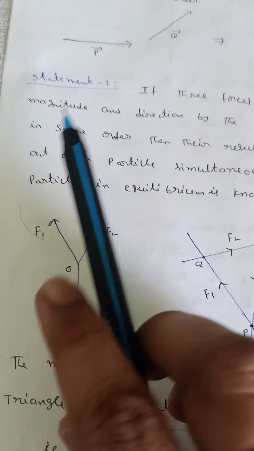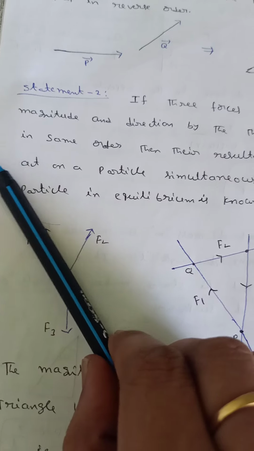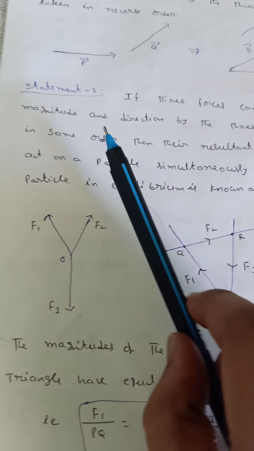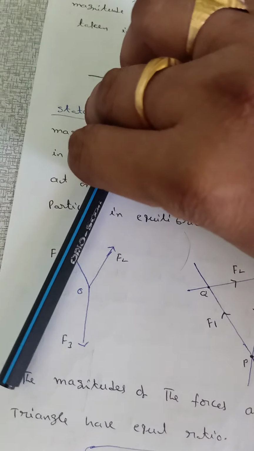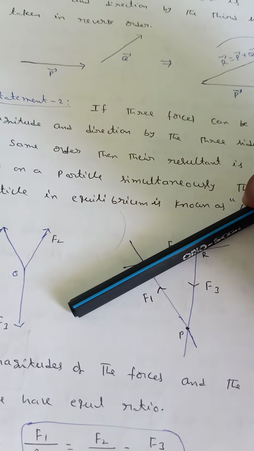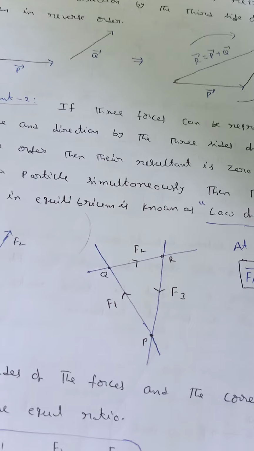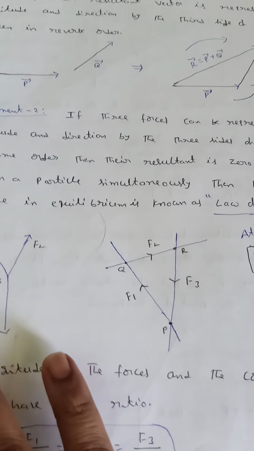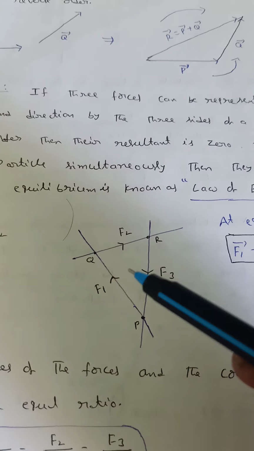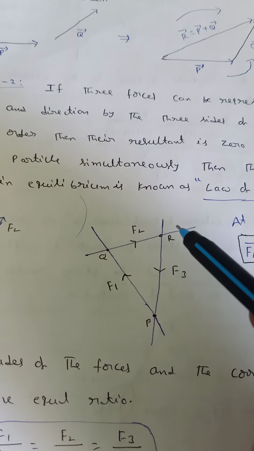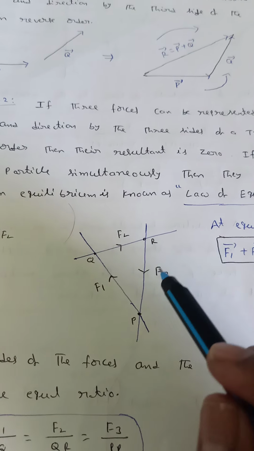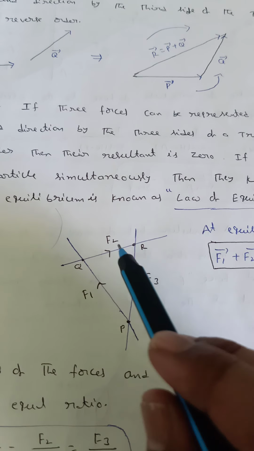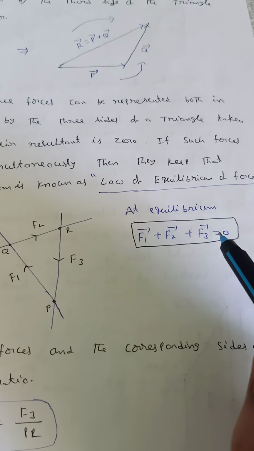This F1 bar is parallel to this side, and this F2 is parallel to this side, and F3 is parallel to this side. These three sides form the triangle. The F1 bar, F2 bar and F3 bar are taken in the same order, then the equilibrium condition, that means F1 bar plus F2 bar plus F3 bar is equal to 0.